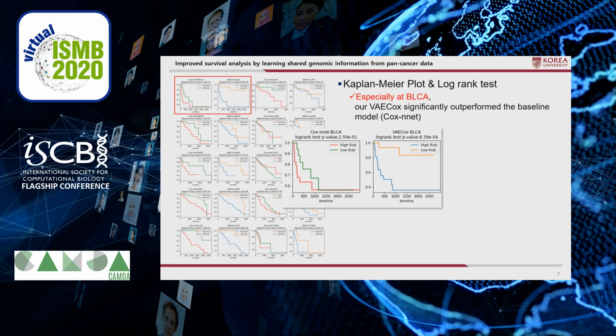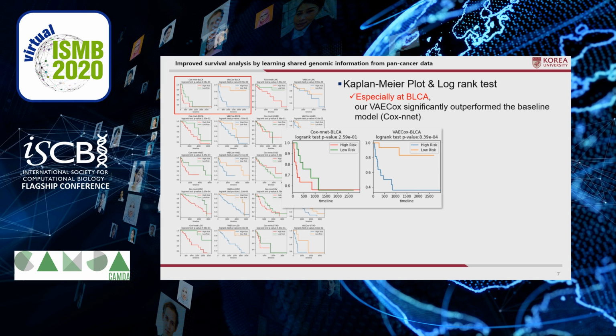We also drew the Kaplan-Meier plot and calculated the p-value using the logrank test. To do this, we split the test set into high and low risk groups using predicted risk values of samples. And the result is that our VAE-Cox also outperformed other baseline models in most cancer types.